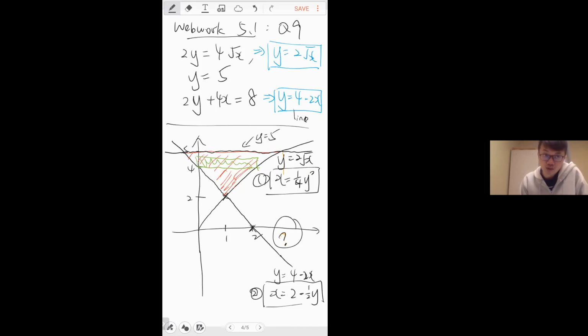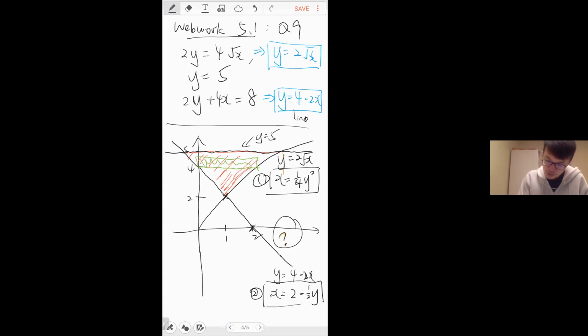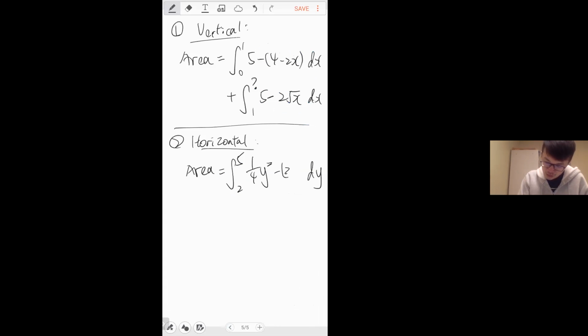The right function is x equals 1/4 y squared, the first function, minus the left function, which is the second one. So 1/4 y squared minus the other one, which is 2 minus 1/2 y. Is it okay?